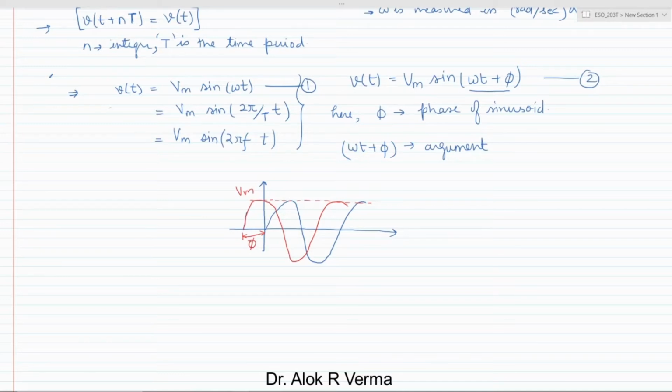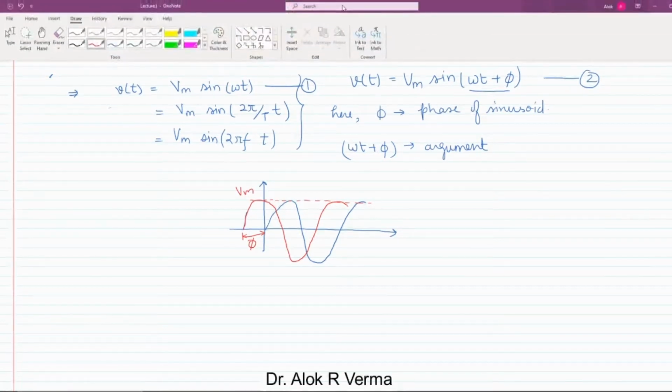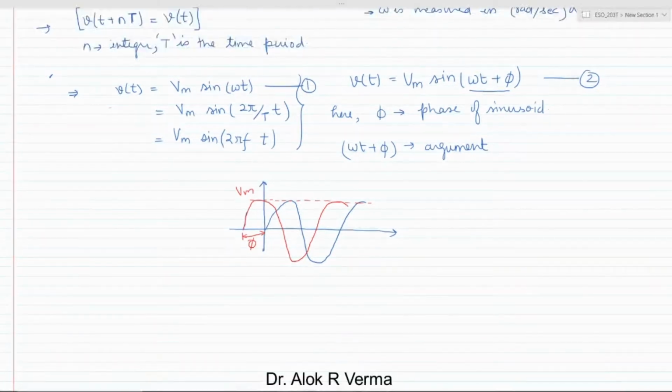So the difference is phi. Here, if you see, I'll change back to the blue color. So this phi is nothing but the difference on this. Here if you see pi, and this is 2 pi, here in fact will be pi minus phi.